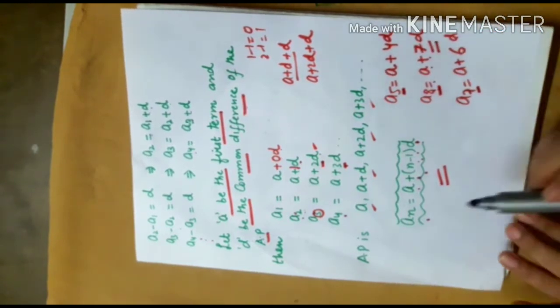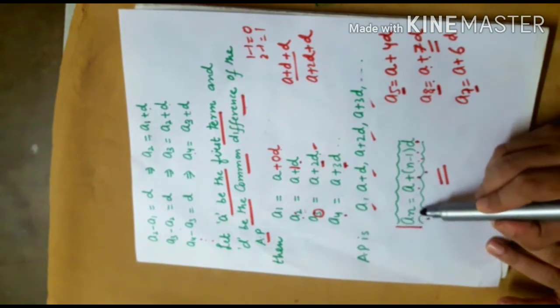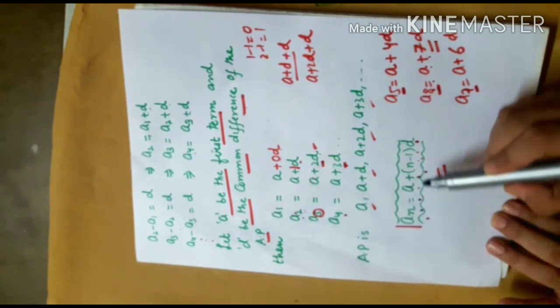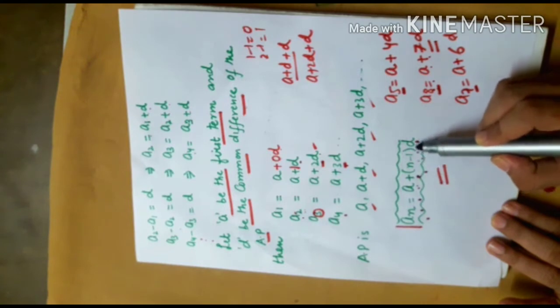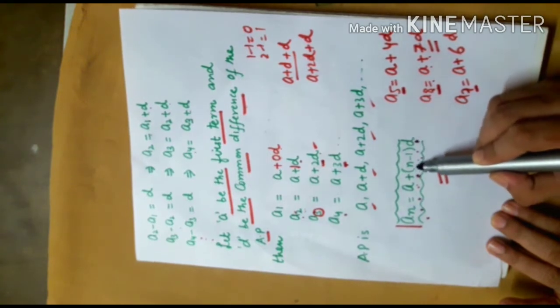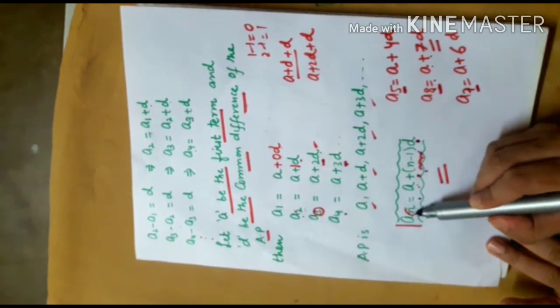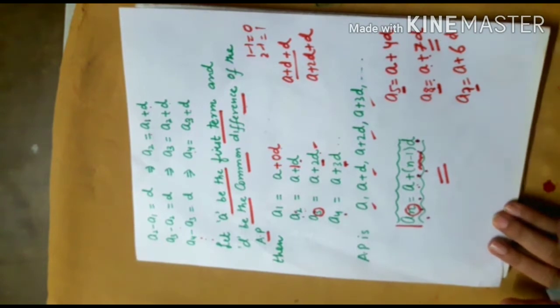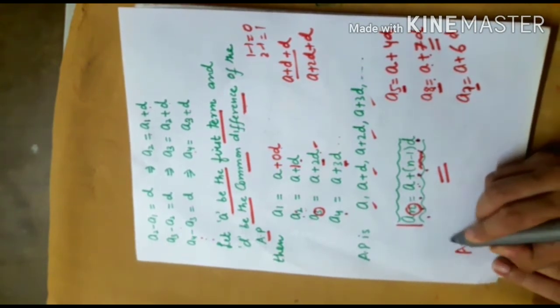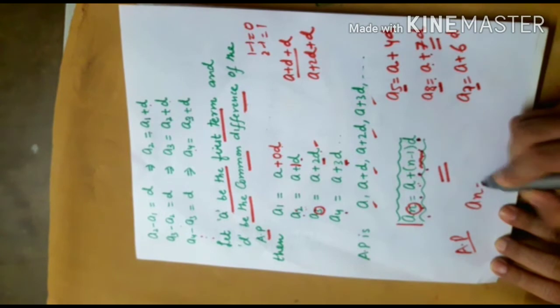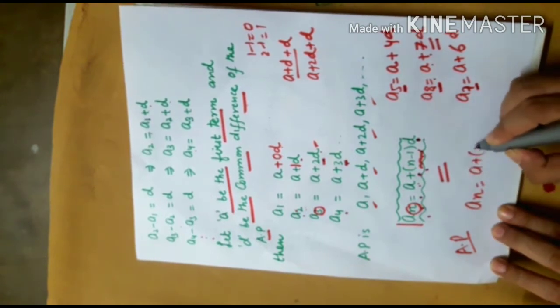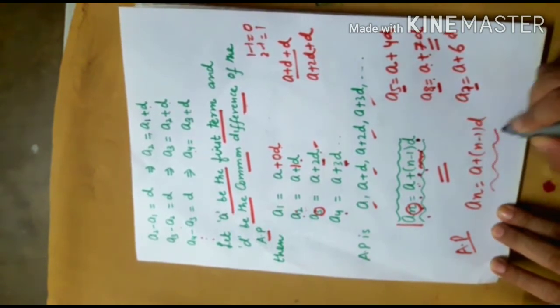So, in general, the nth term, that is An, is equal to A plus (n minus 1)D. The coefficient of D is 1 less than this n. So, remember this. In an AP, the nth term, that is An, is given by A plus (n minus 1)D.